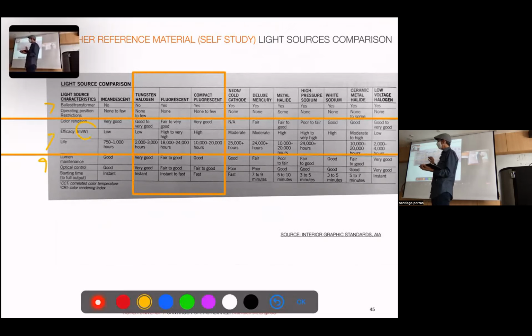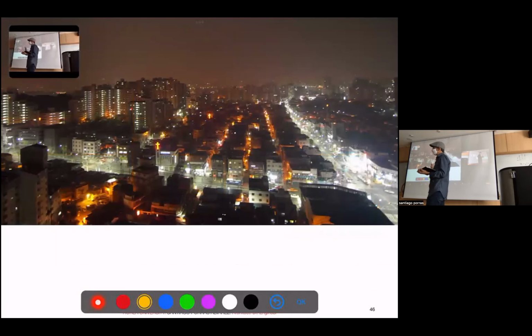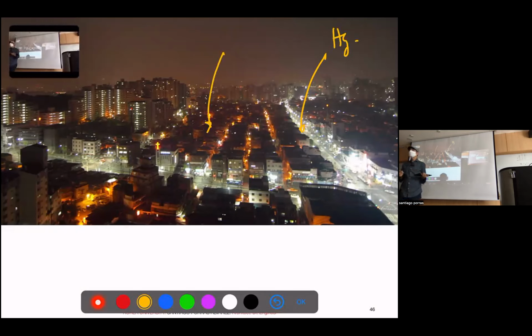This is an old chart. So we have mostly incandescent, halogen, fluorescent, and compact fluorescent. There's no LED here. This is a photo of the city where you can see clearly this white. Which kind of light is that in the main streets? That's the mercury, as we said, that's quality. That low quality light in the alleys is the sodium light. Right.